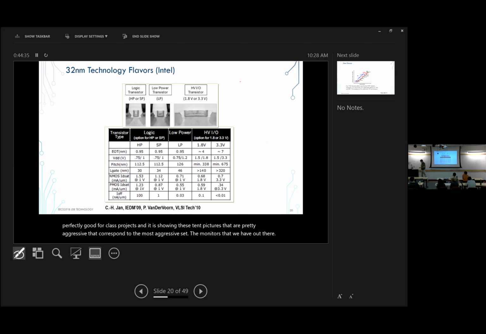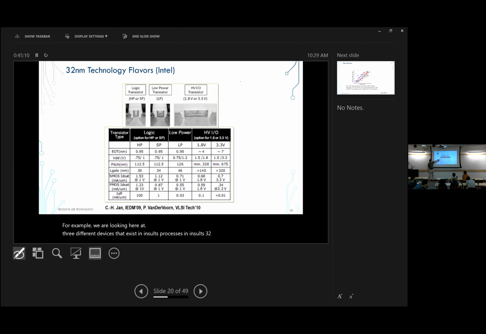Another thing that I wanted to very quickly mention here is that in each node, including the 32 nanometer that you see out there, we have a good number of different transistors because different applications may have different needs. For example, we are looking here at 3 different devices that exist in Intel's 32 nanometer process.